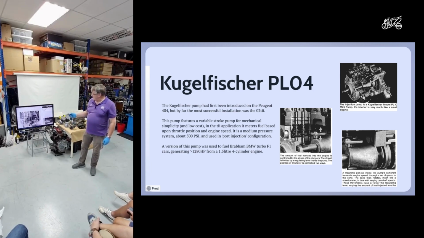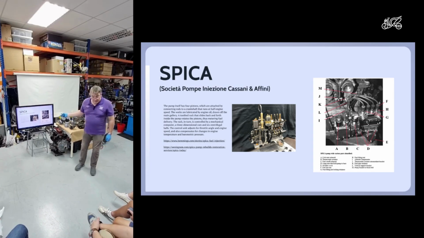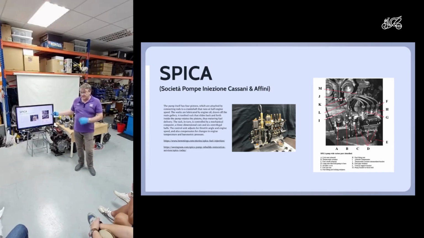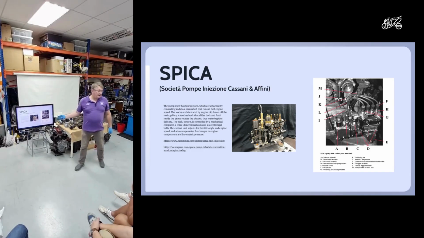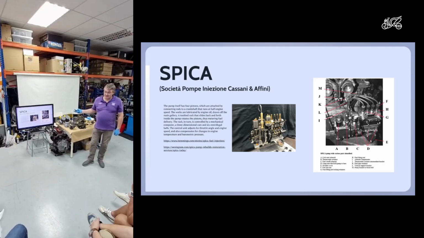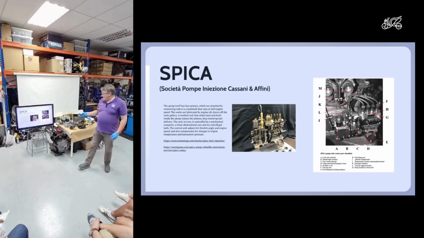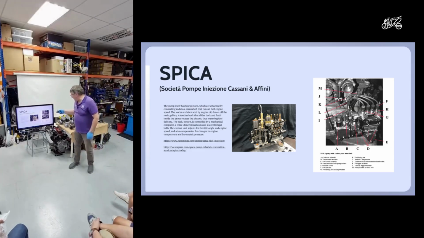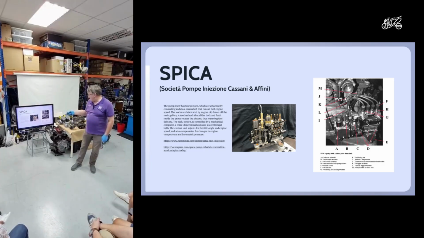Now, I won't go into the details here. We just talked about it. Another one which you may have heard of, Spica. Spica is an Italian one. It was used on a bunch of the Spiders and other cars. Yeah, right. So this is also a rack-based system.